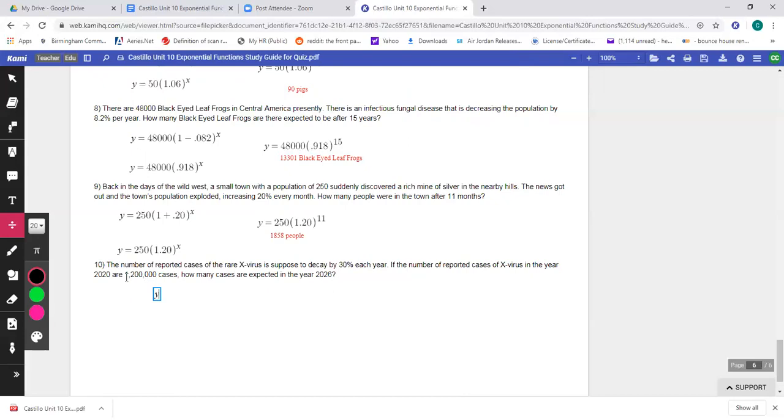So I know my equation. This time I'm going down because it says decay. So if I start with 1,200,000, and this is going to be 1 minus 0.30 to the x. So it ends up being y is equal to 1,200,000 times 0.70 to the x.